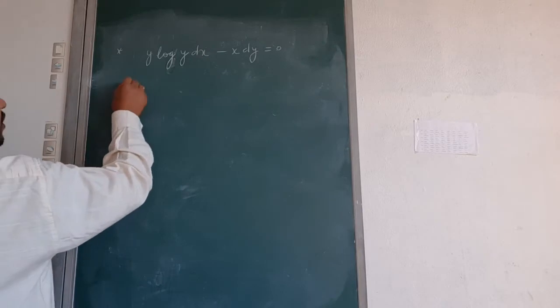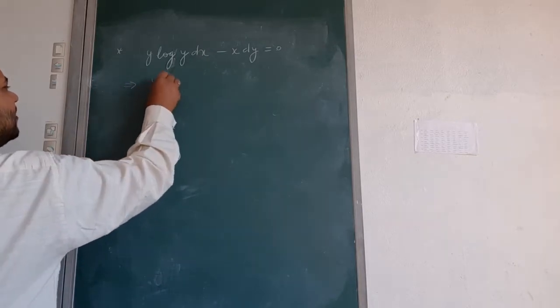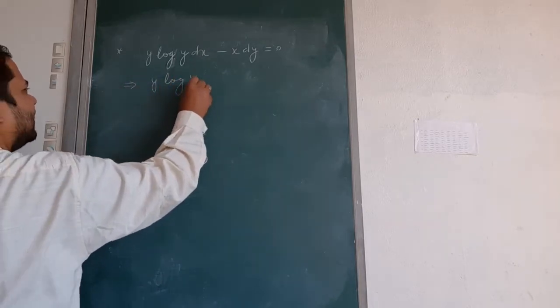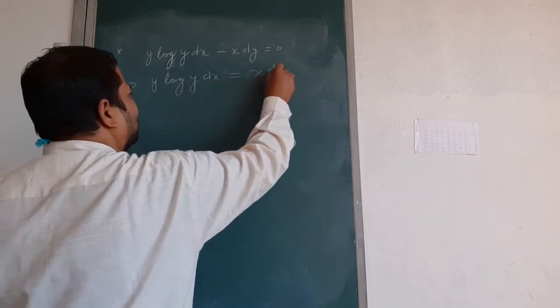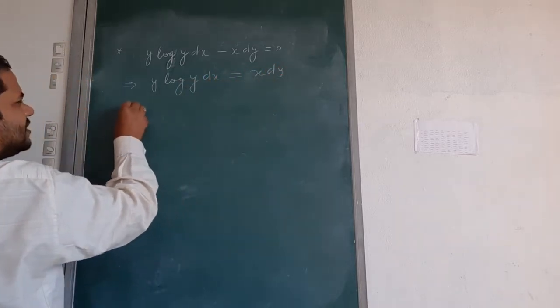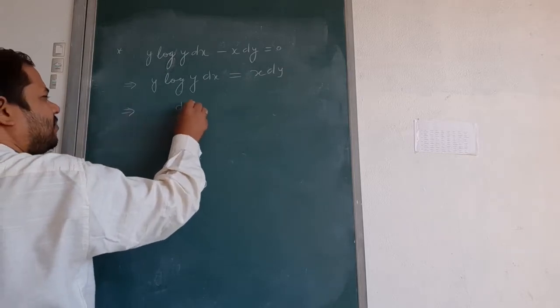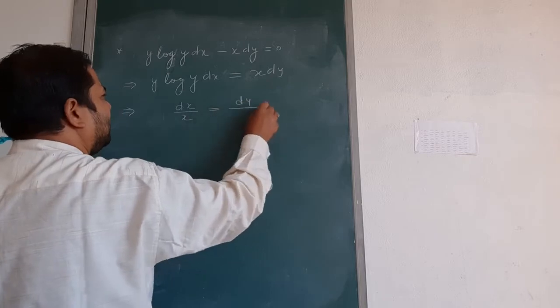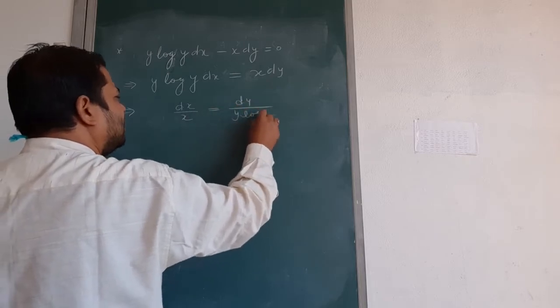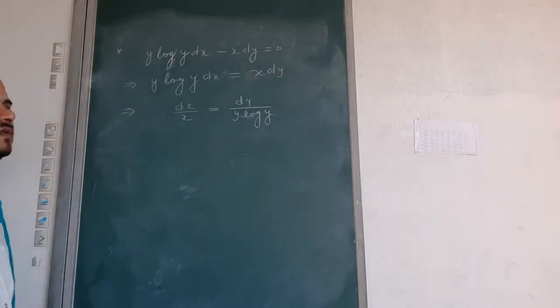So first of all, we write it as y log y dx is nothing but x dy, and this is nothing but dx upon x is equal to dy upon y log y. We have to separate the variables.